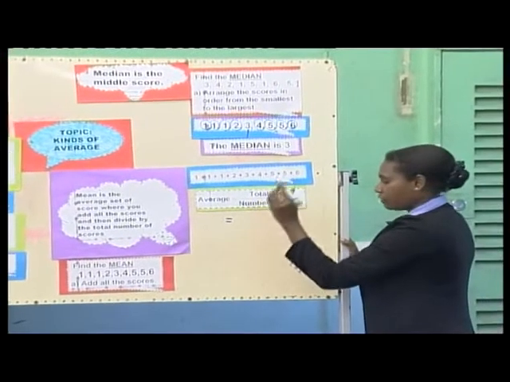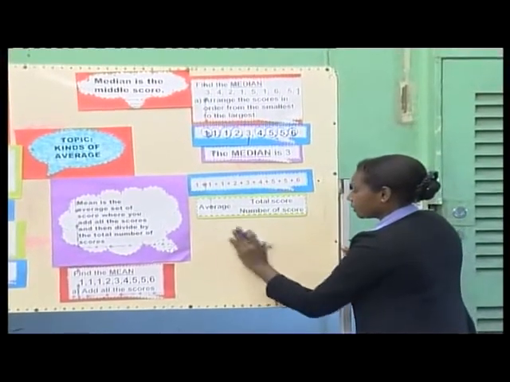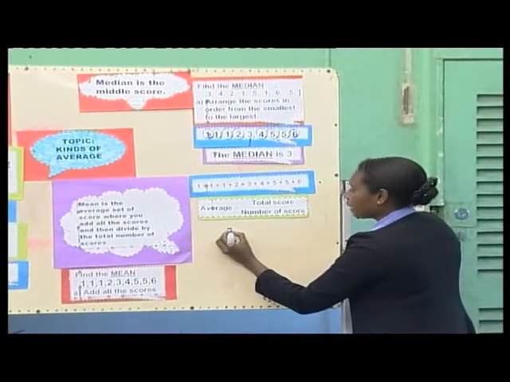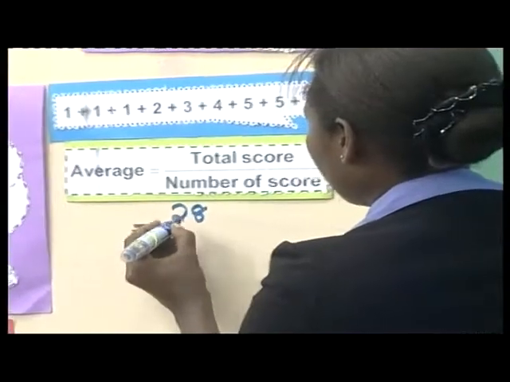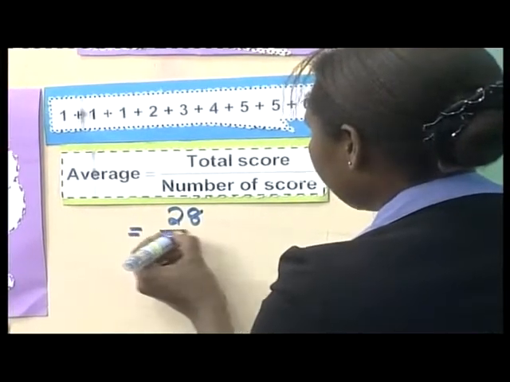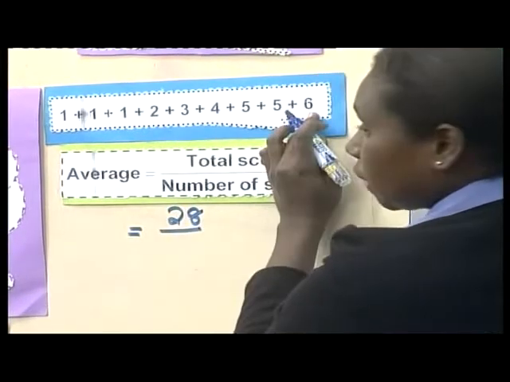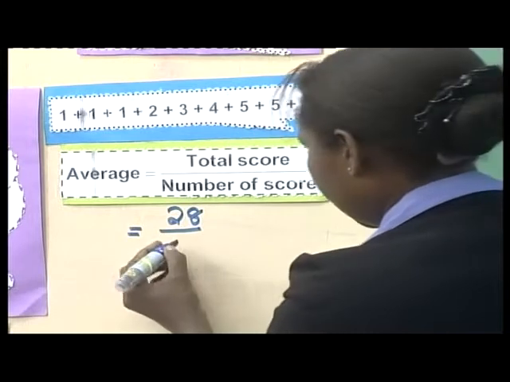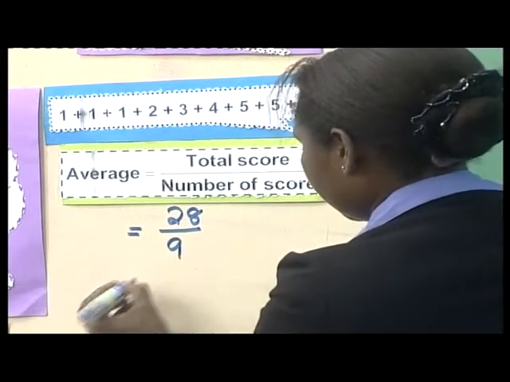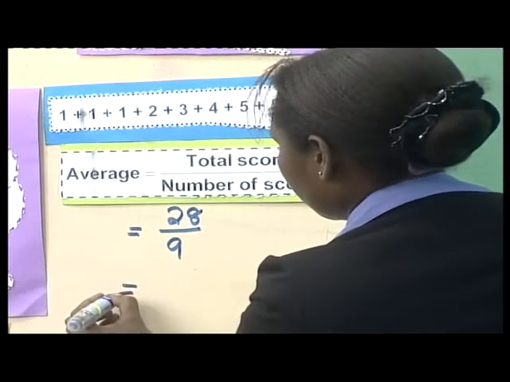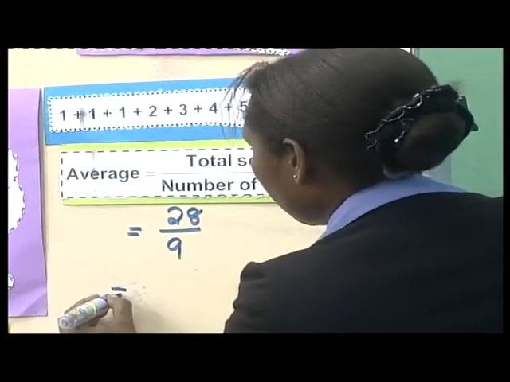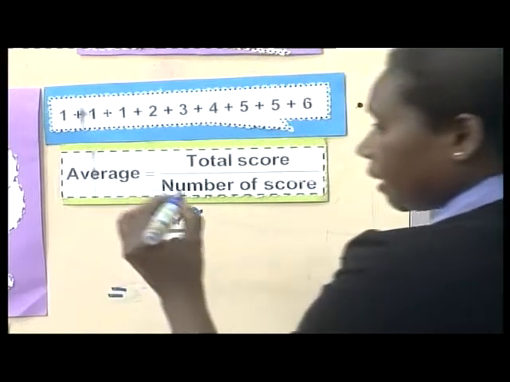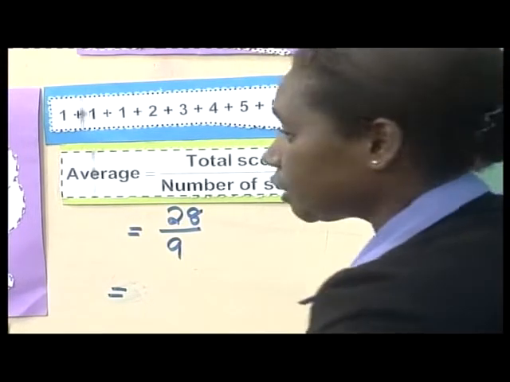Okay, total score we have come up with is 28. Total number of scores would be, how many numbers altogether here? 9. So you are going to come up with an answer or the average in a decimal number.